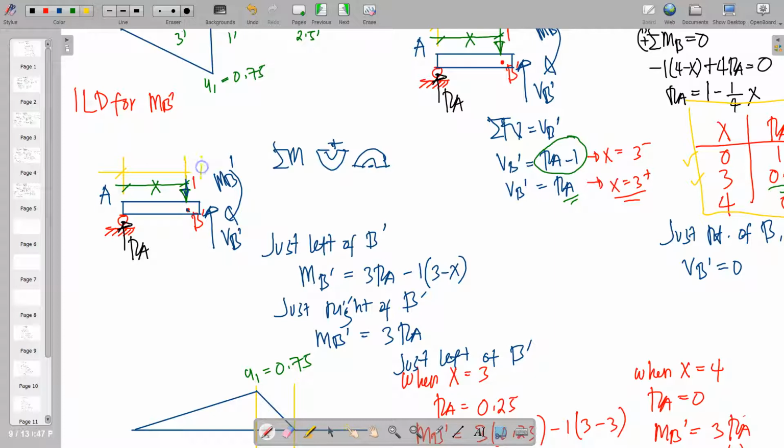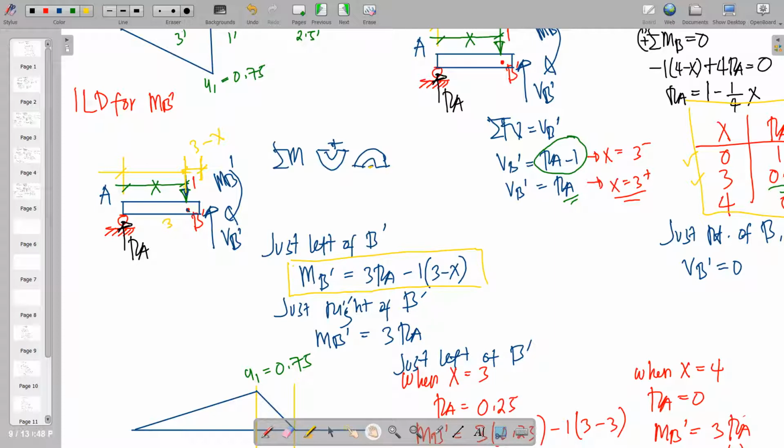What is this distance equal to? If this is 3, this is 3 minus x. And this tends to bend your fiber concaving downwards, so that is negative, times the moment arm 3 minus x. So we'll have this equation for MB prime.